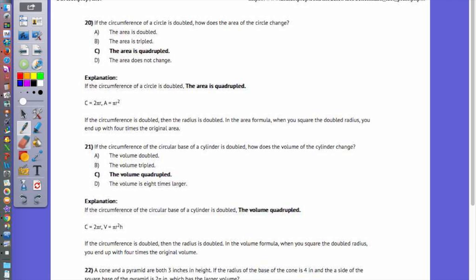Either way, you're only dealing with one dimension, okay? But when you deal with area, you're dealing with how many dimensions? One. No, 2. Area, you're dealing with 2 dimensions. Think of it this way, it's pi radius squared. That's radius times radius. That counts as 2 dimensions.